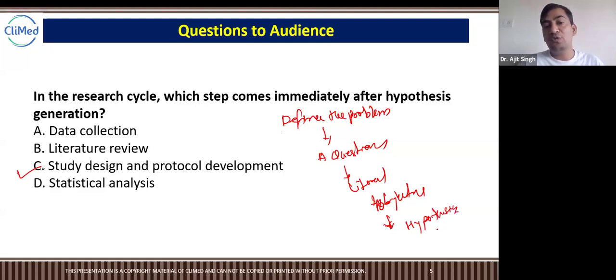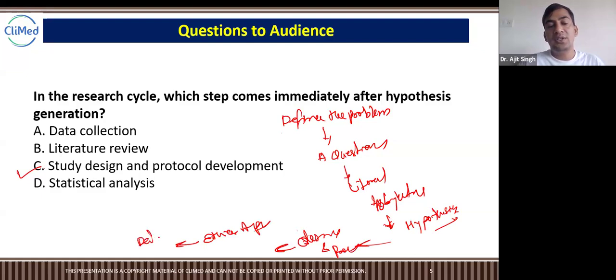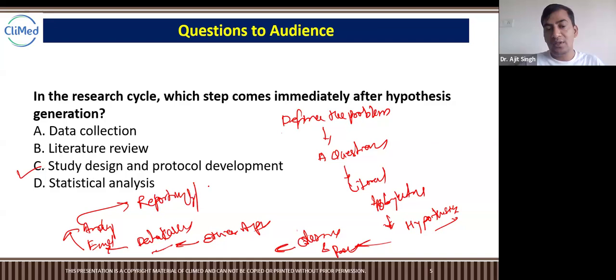Based on that, you will fix the hypothesis and then you will choose the study design and write the protocol, ethics approval, data collection or patient recruitment, then the end of the study, data analysis, and then reporting or publication.